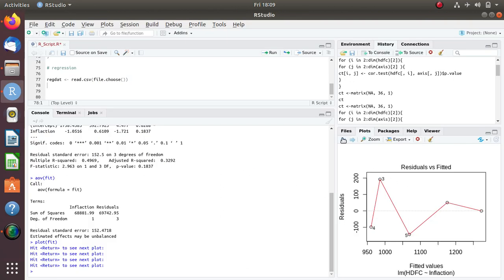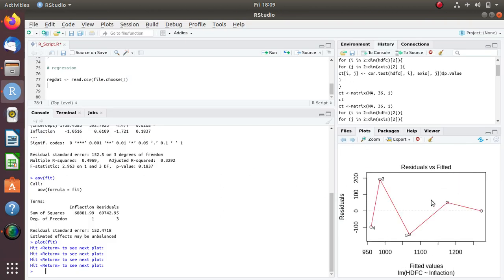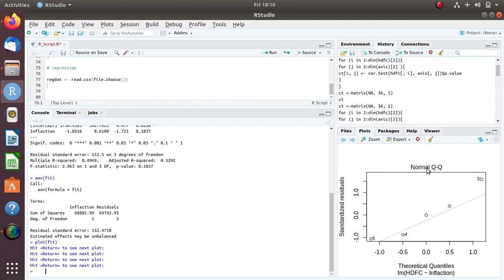Let's go back to our graph. In here we have residual versus fitted. The relationship seems to be linear because we have equal number of points above and below this horizontal line. And let's go to the second plot. This is, as I said, the normality assumption.